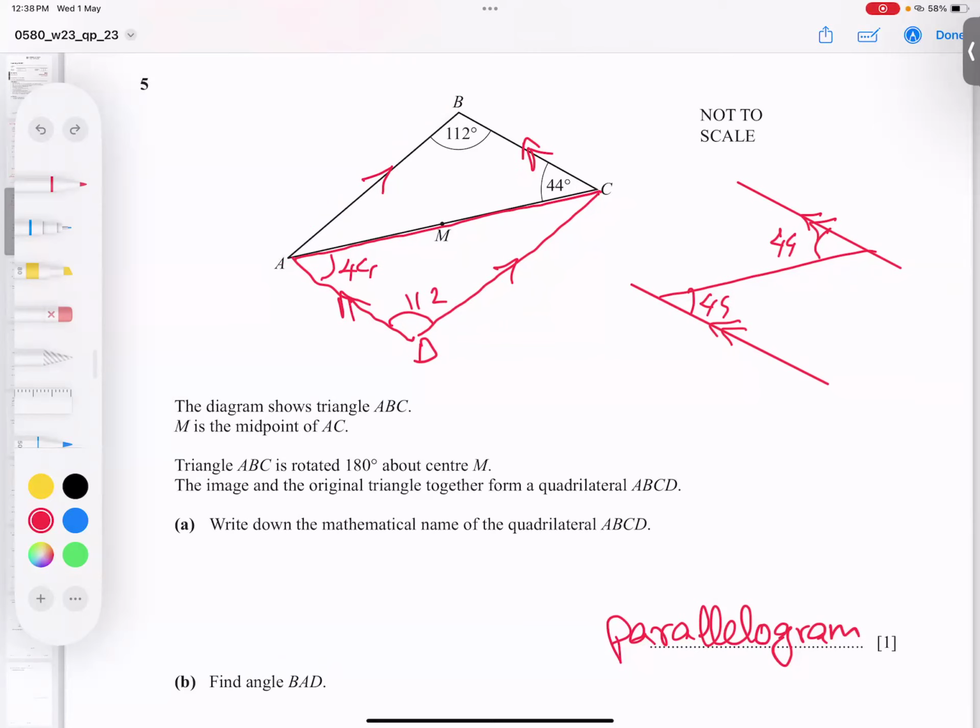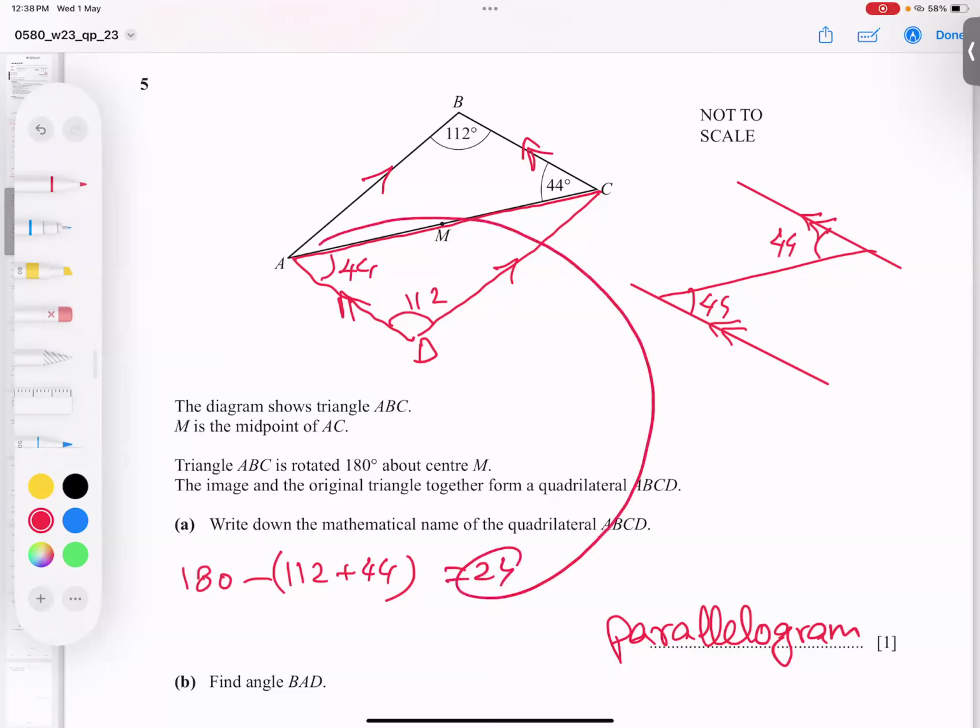Student, when you have two angles given, you can find the third angle. Okay. So can I say 180 minus 112 plus 44? So let's try to find it. So 180 minus 44 minus 112. I get 24. It means, student, this is 24.